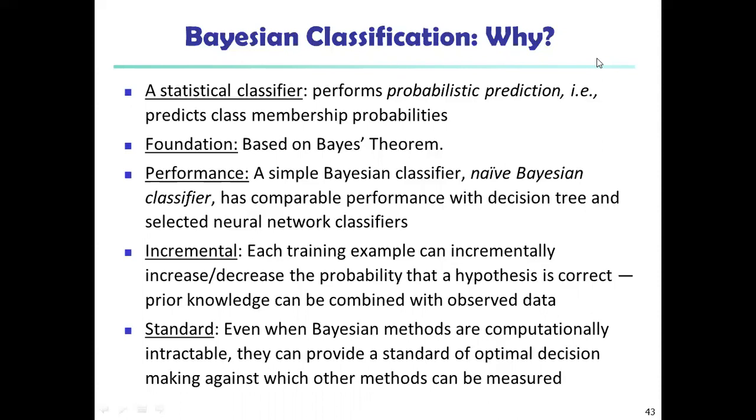Bayesian belief networks are graphical models which, unlike Naïve Bayesian classifiers, allow dependencies among subsets of the attributes. So each attribute can depend on a subset of the attributes, and a Bayesian belief network can also be used as a classification model.